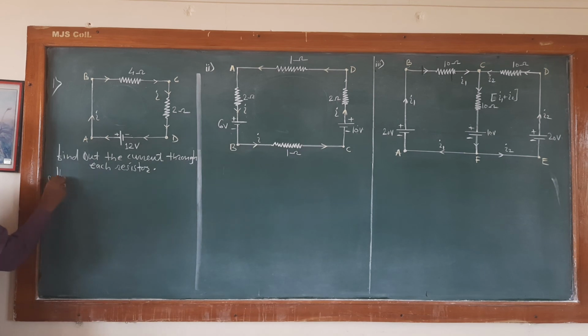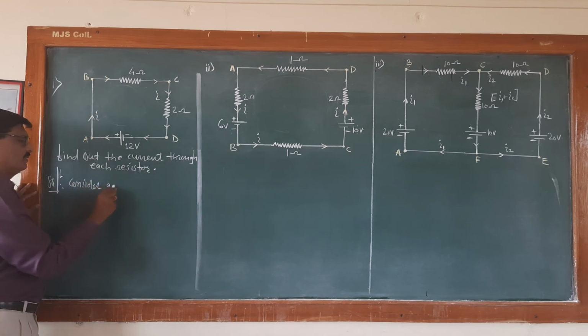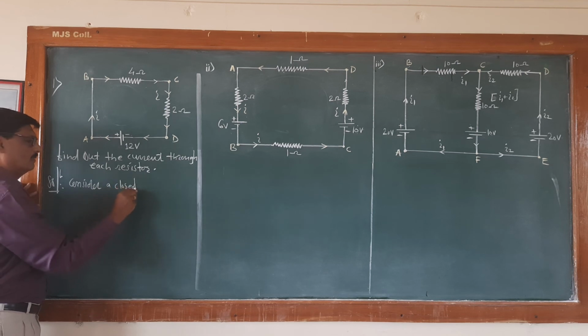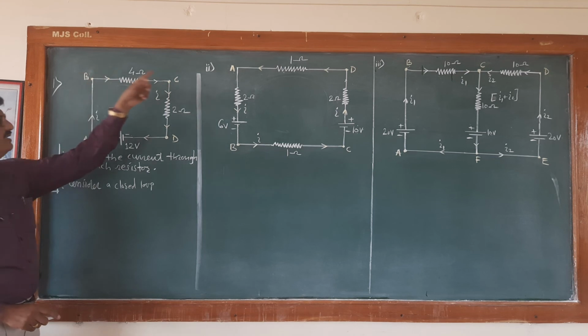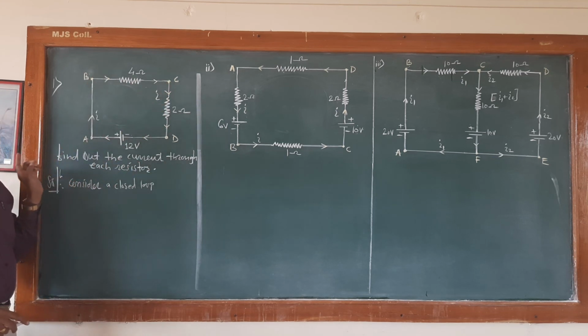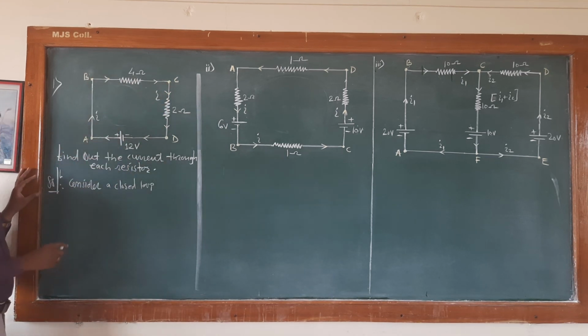Solution: of this network, consider a closed loop. Here A, B, C, D is a closed loop. We have to find out the current flowing through each resistor.